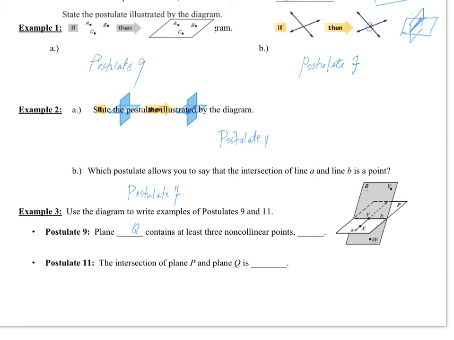So we could have point W, point V, and point Y. Postulate 11, the intersection of plane P and plane Q is a line, so you have to read this line here, and it's named B. So line B.